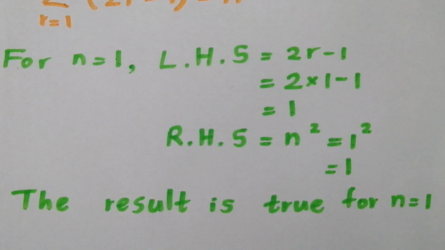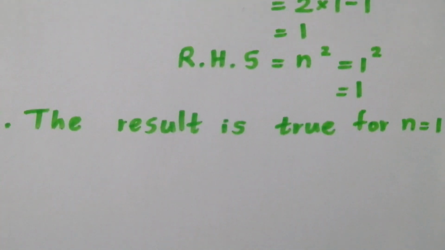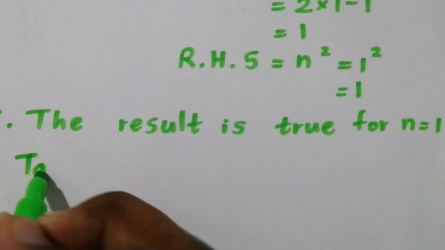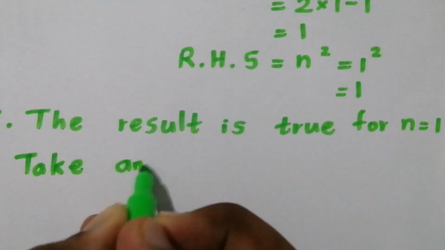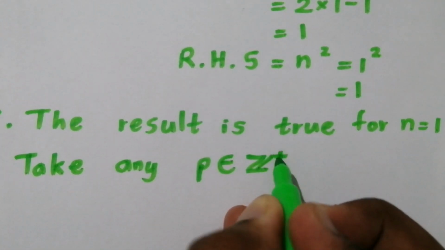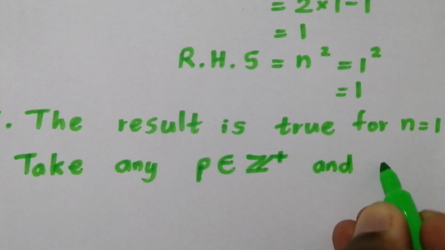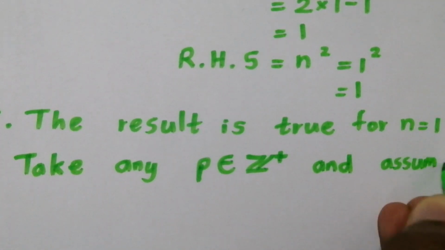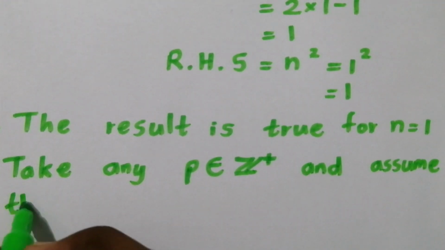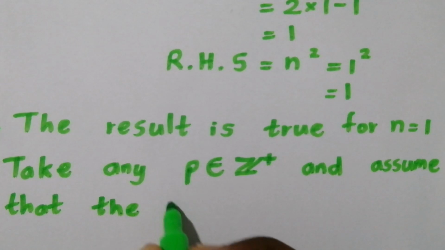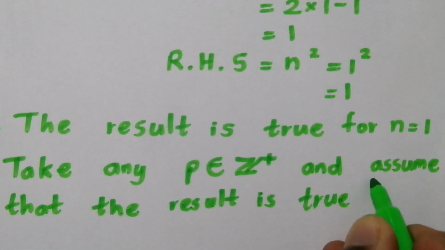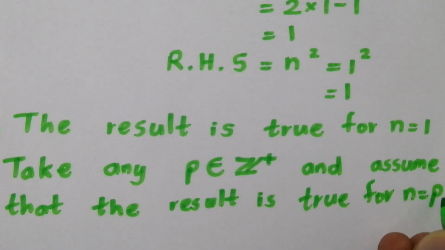Then we write: take any p belongs to positive integer and assume that the result is true for n equals p.